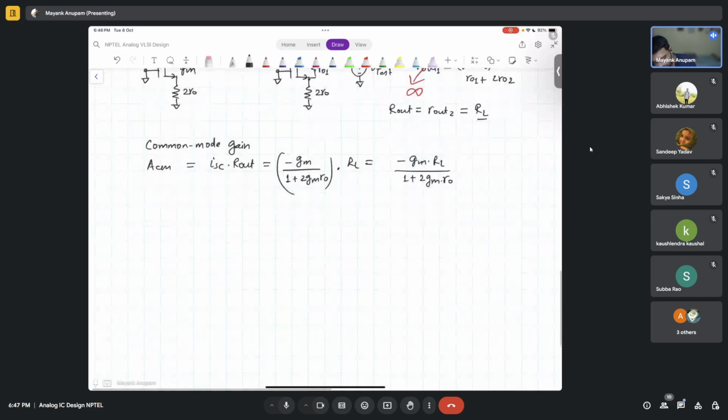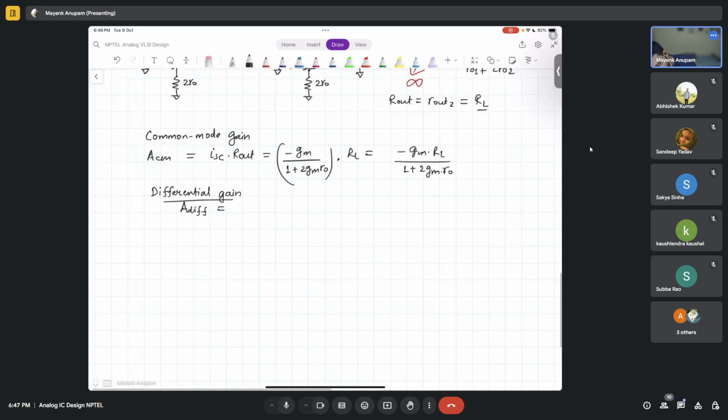And what was differential gain? Minus GM by 2 times RL, right? Correct now.